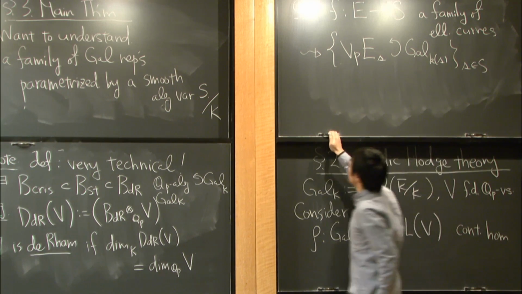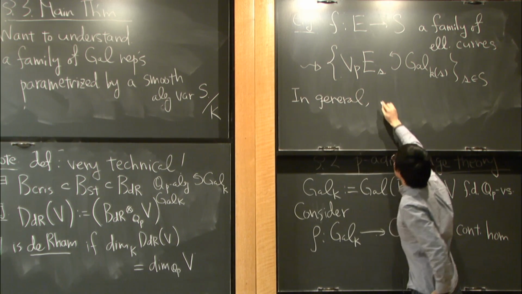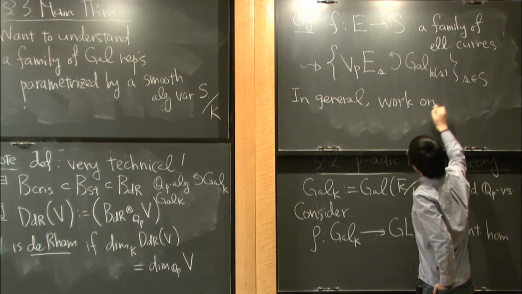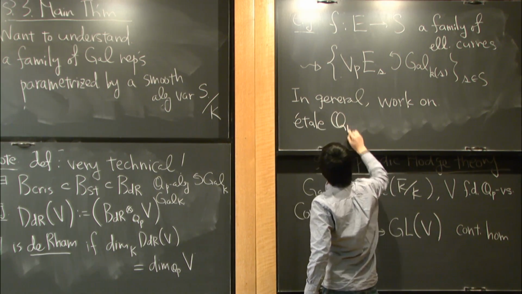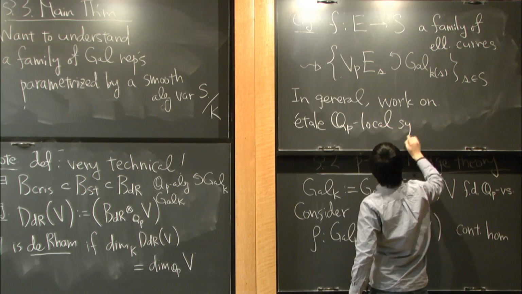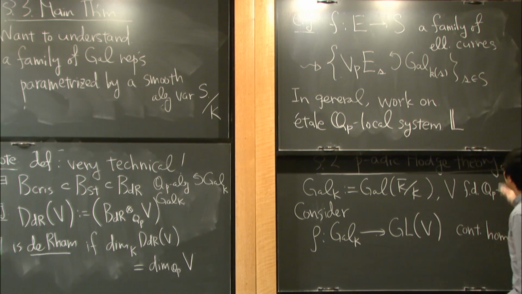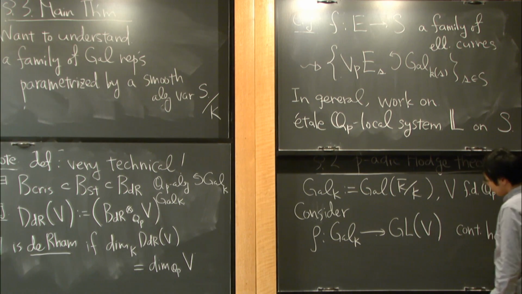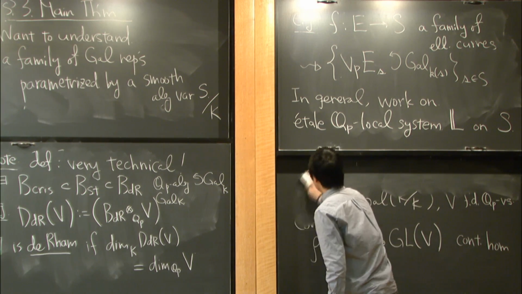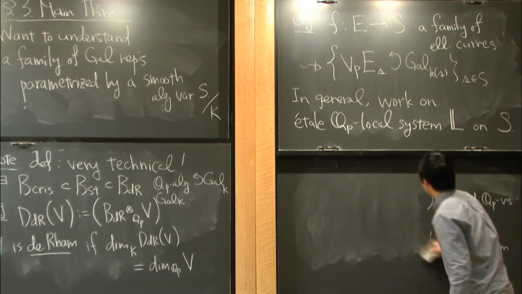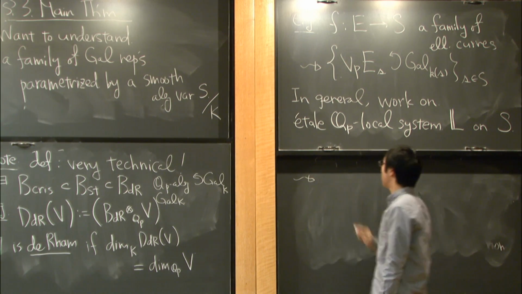In general, work on étale Q_p-local systems, maybe my symbol is bold L, on S. This is a suitable sheaf in a suitable topology, and you can talk about a stalk.